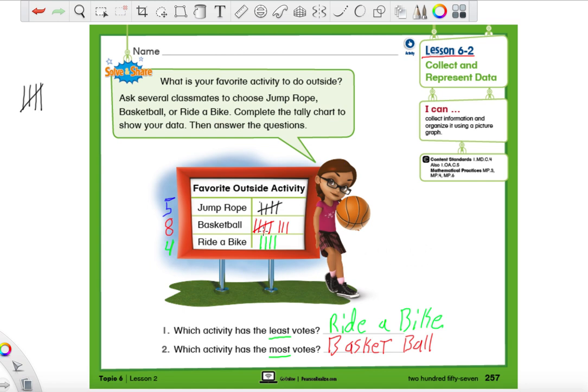Do they focus on the words? Or is there something more fun to look at? You know what? They focus on the pictures, don't they? And the pictures give them hints and clues and help them know what they're talking about. We could do the same thing with all of this information on our tally chart.